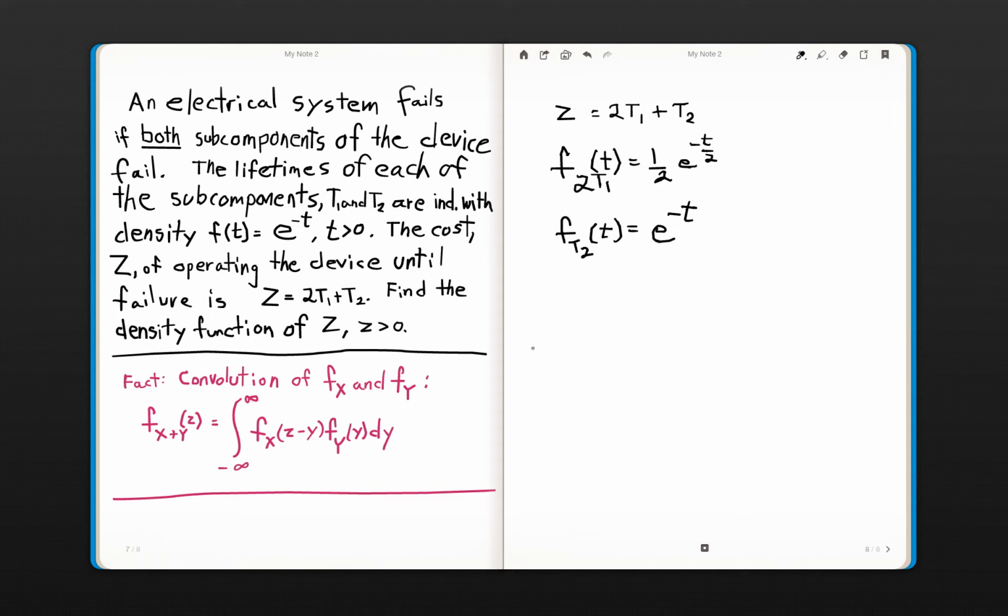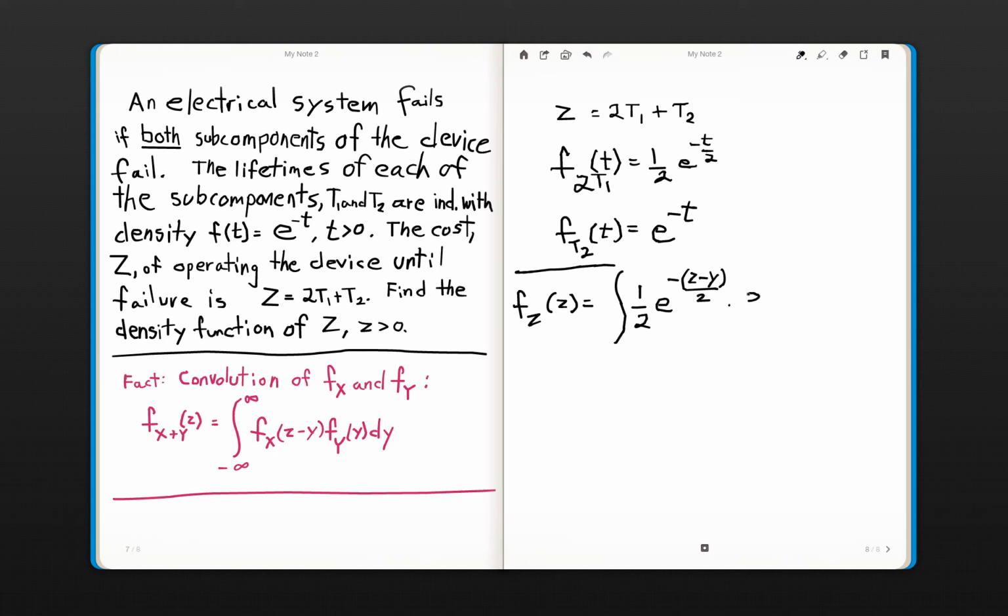Then we'll just apply our convolution formula to find the density of Z. F of z, evaluated at z, is going to equal the integral, and we will worry about the limits of integration in a moment, of our density involving 2T1, analogous to our f of x here, evaluated at z minus y, so this will be 1/2 e to the negative (z minus y) over 2, and then times our density involving T2, which models our f of y here.